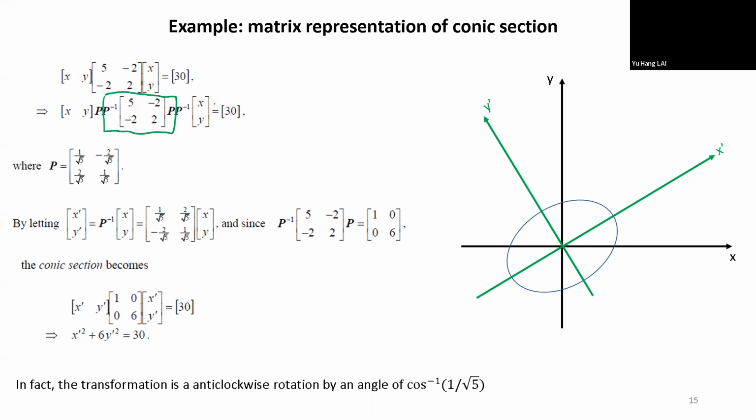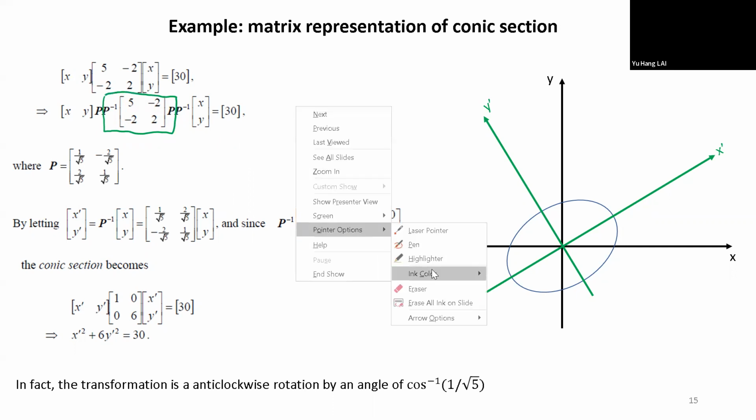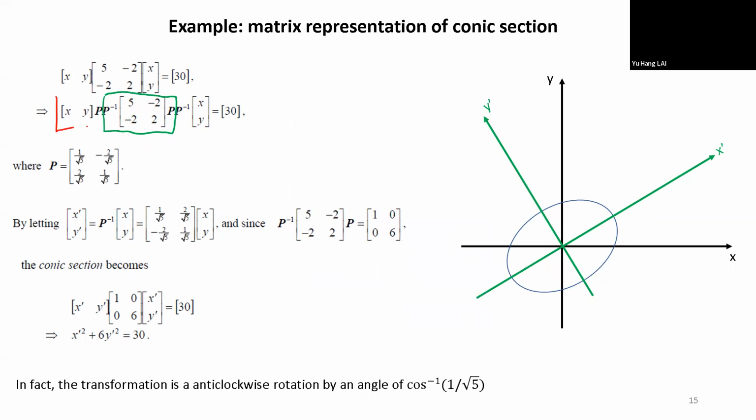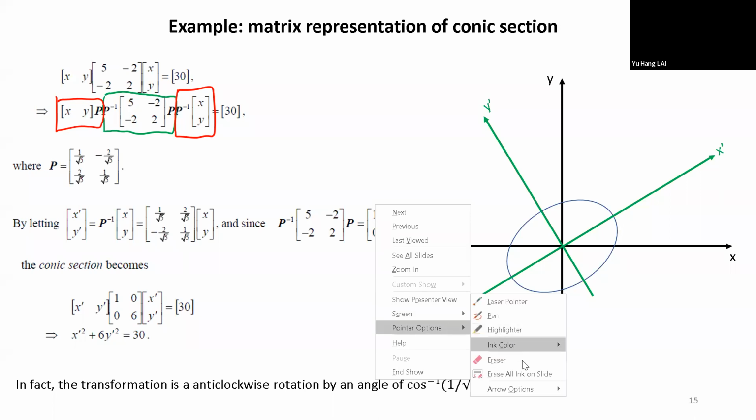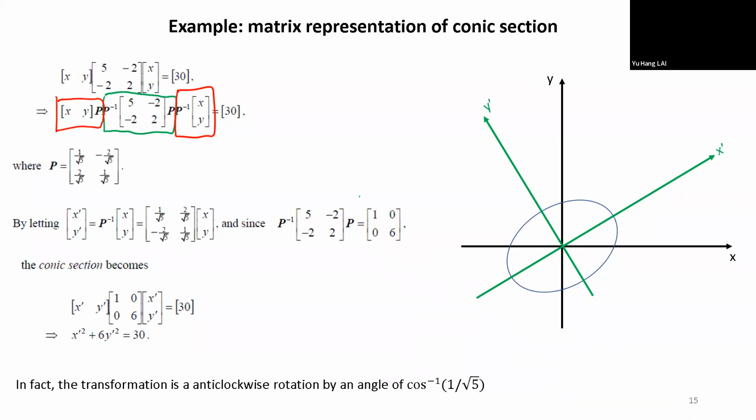Look at this one as one object, this one as another object, and this one as another object. The green one itself is a diagonal matrix, so the green one itself becomes this.